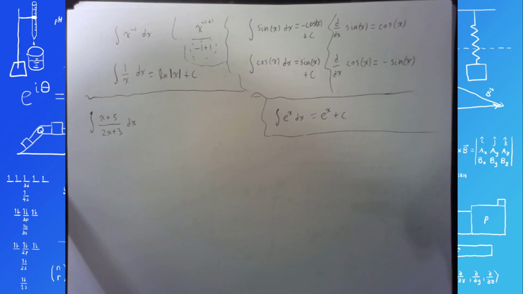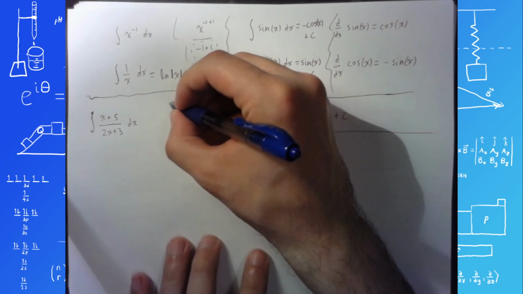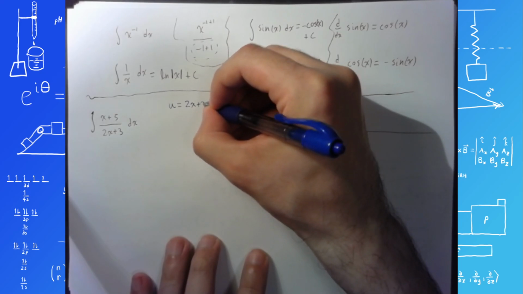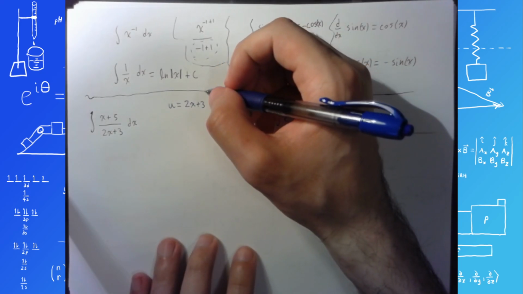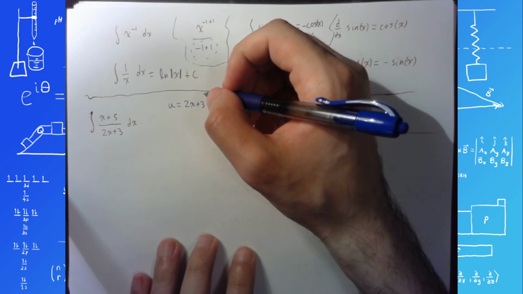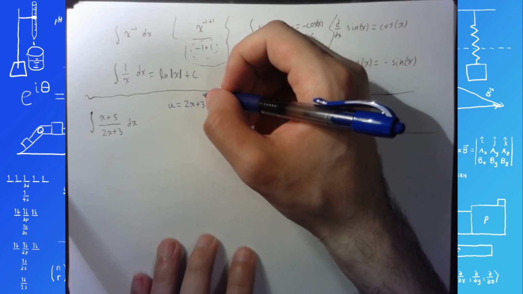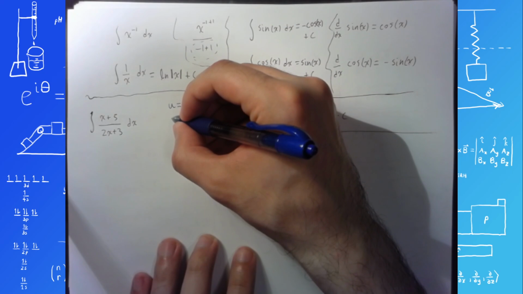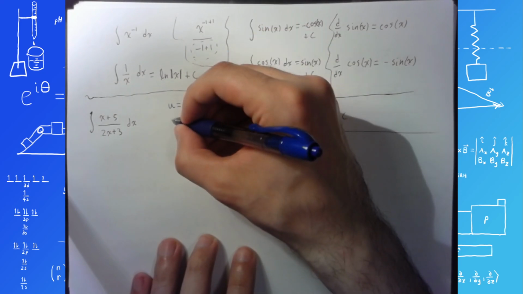So I think what I want to do for my u, I think I want my u to be 2x plus 3. Let's see how that works out for me. Okay, I'll work with this for now and see how it fares before trying the other option.